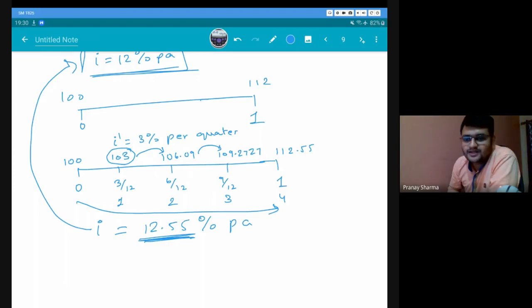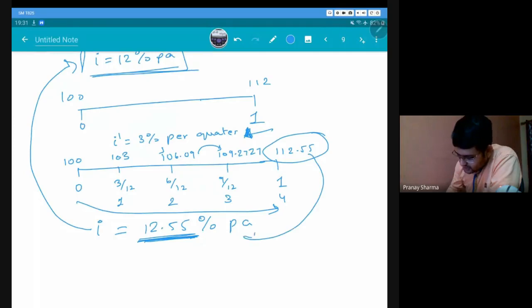Now, how does the bank make you understand if you don't understand compound interest? There are so many people who would not understand compound interest. So it becomes very difficult for the bank to say, I'm giving you 12.55%, but convertible every 3 months. That turns into 3% per quarter. If you see every 3 months, you should get 3 rupees. If you see yearly, you should get 12.55 rupees. In 6 months you will get 6.09 rupees.